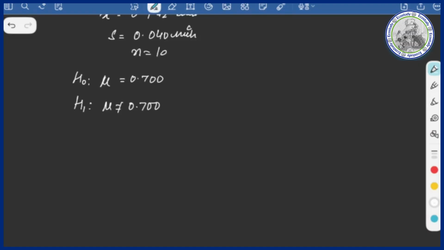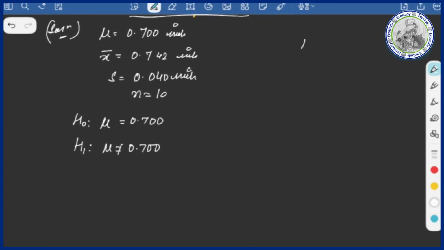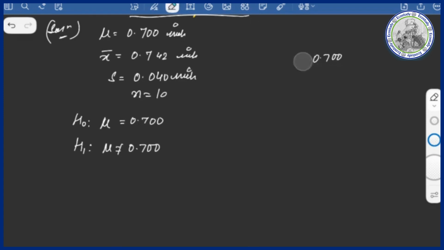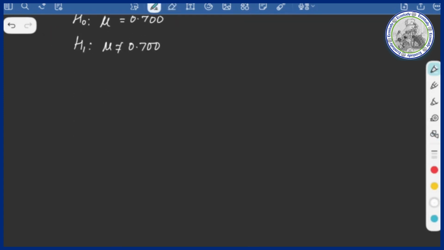Why are we using a two-tailed test? Because we don't have any other information regarding the alternate hypothesis. If the question says mu is greater than 0.700 or mu is less than 0.700, then we will use a one-tail test, but here we will use the two-tailed test.